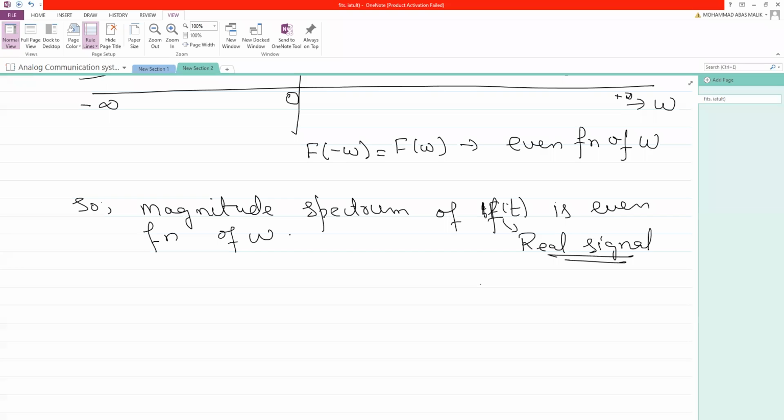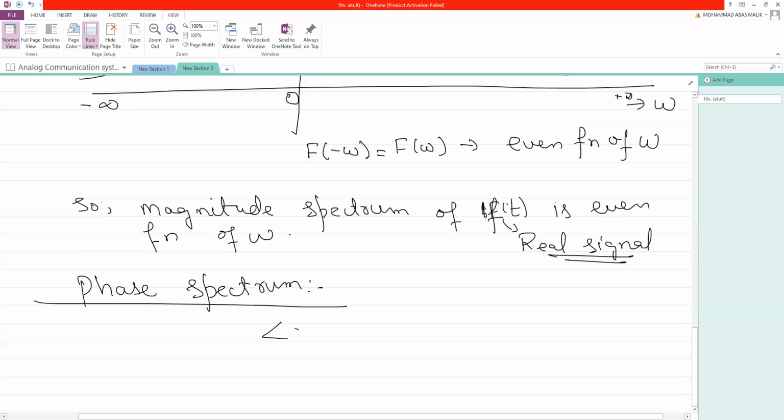Now, can we conclude the same from the phase spectrum? Let's see. Phase spectrum angle phi will be equal to tan inverse of f imaginary of omega divided by, tell me, f real of omega.